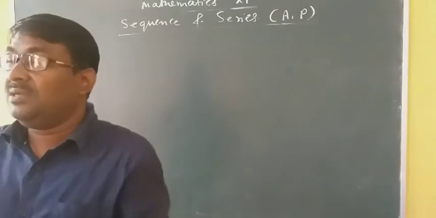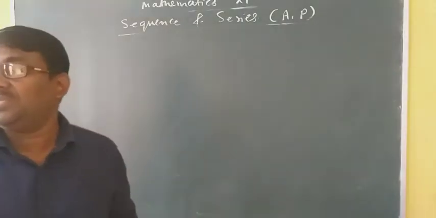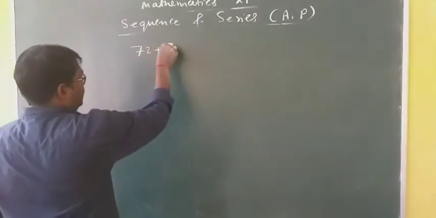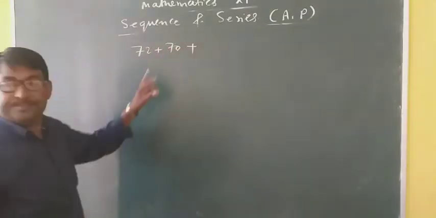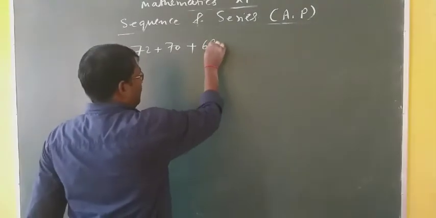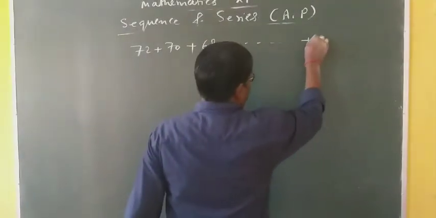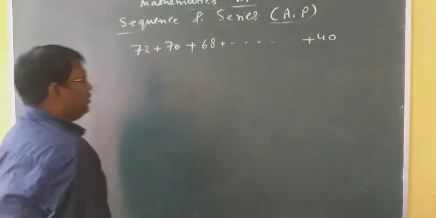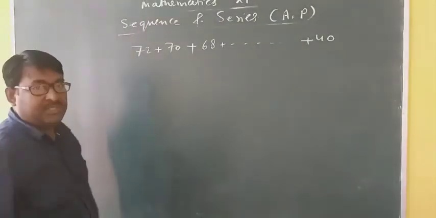Now it is given: find the sum of the series 72 plus 70 plus 68 plus, and here the last term is 40. Okay, in last it is given 40. You have to find the summation of this series.